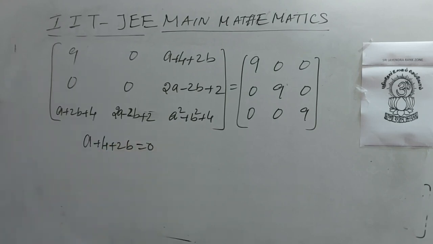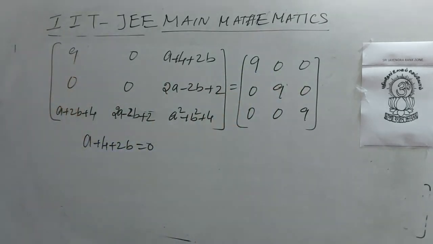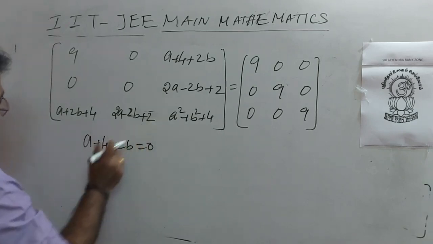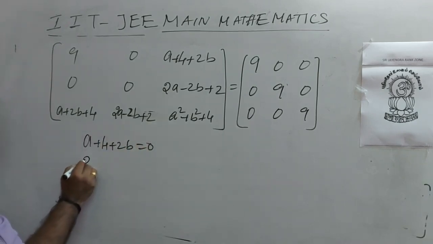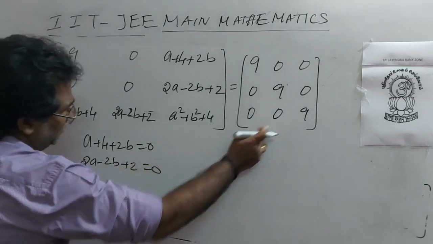A plus 4 plus 2B equal to 0. This number is equal to 0. You take this one, 2A minus 2B plus 2, equal to also 0.